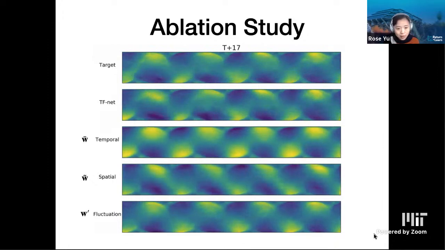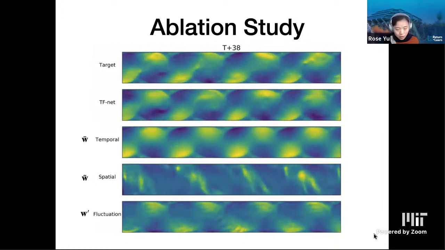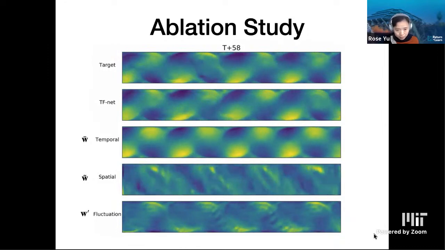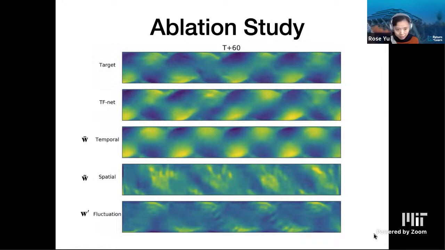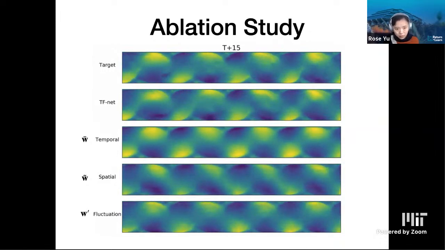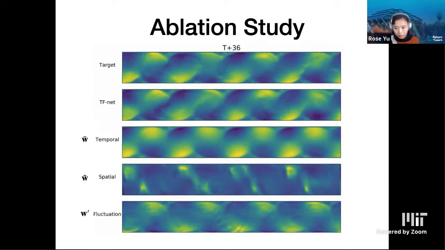If you look at the fluctuation, it resembles much higher frequency turbulence in the data, and temporal averaging is relatively smooth, large scale behavior, and the spatial component is in the middle. So let me play the video again. The fluctuation component is much higher frequency than the other components.